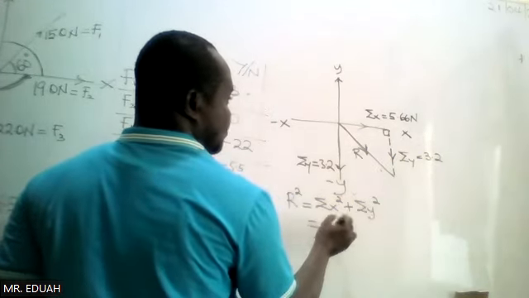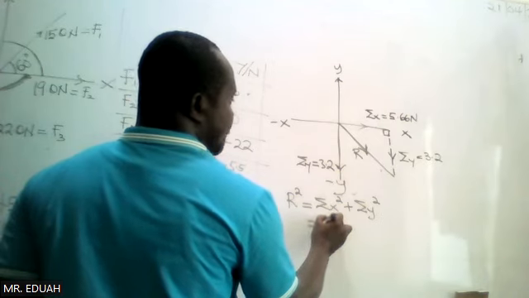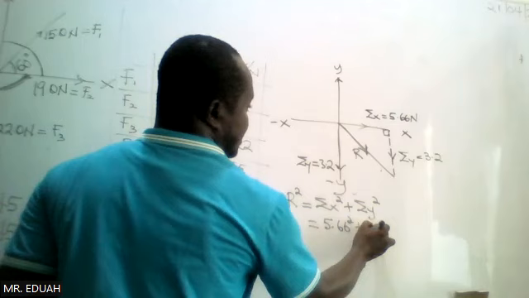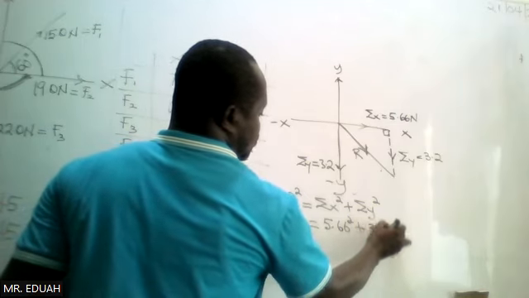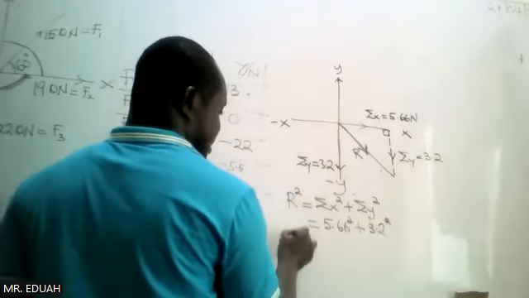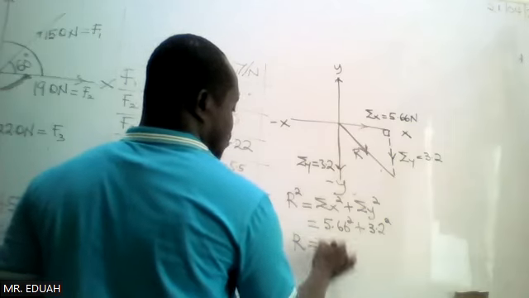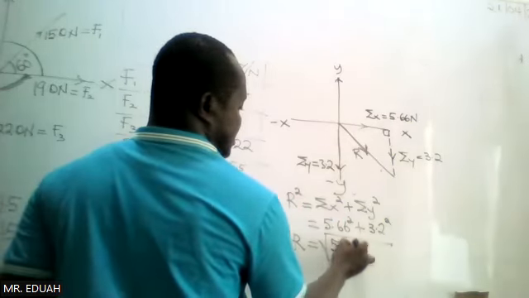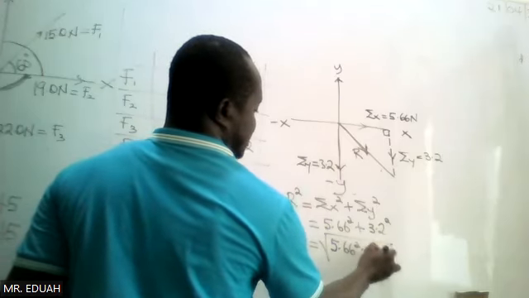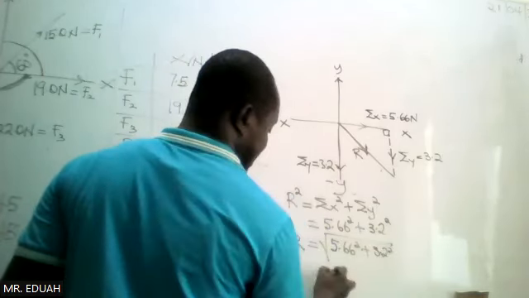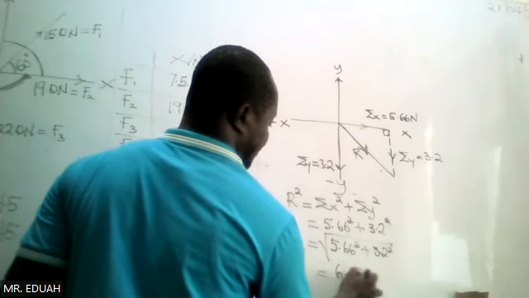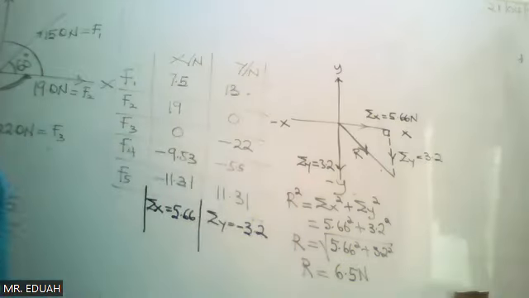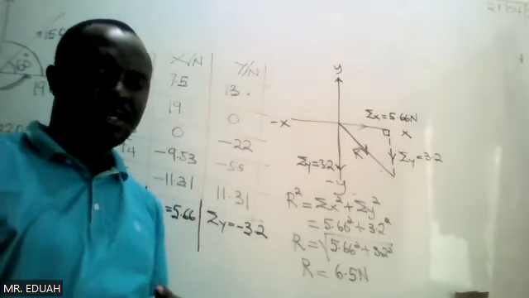So this is 5.66 squared plus 3.2 squared. R therefore will be equal to the square root of 5.66 squared plus that. And the answer is 6.5 Newton. That's the resultant.